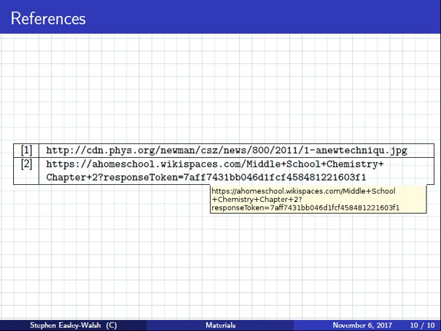Try these or the previous worksheet on states of matter.